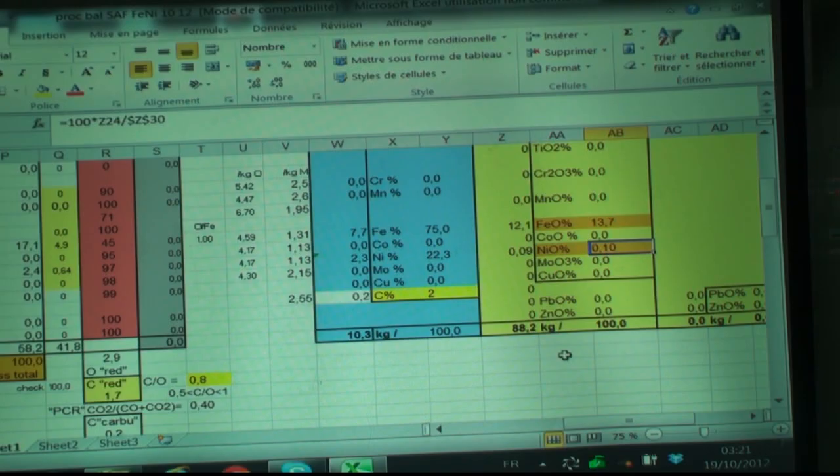I explained to you that, of course, people are concentrated on recovery, the best recovery of nickel. But here, if you obtain in the calculation 0.10 or 0.07, for the results, it's changing nothing for the energy and for the mass balance.